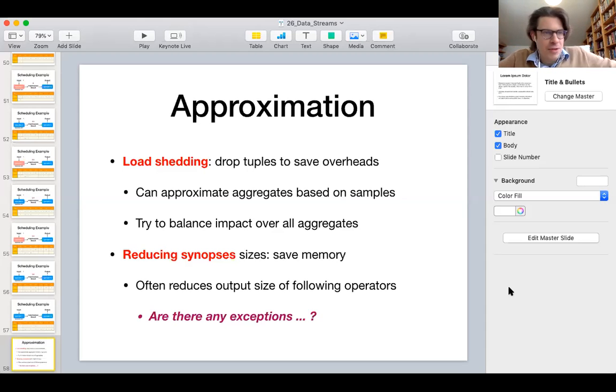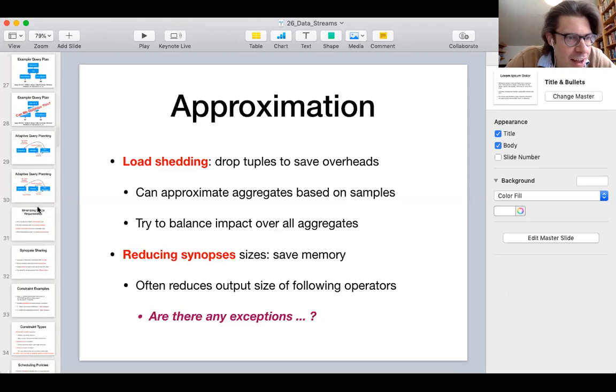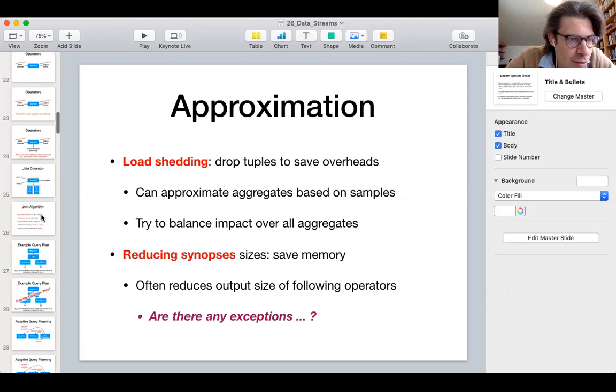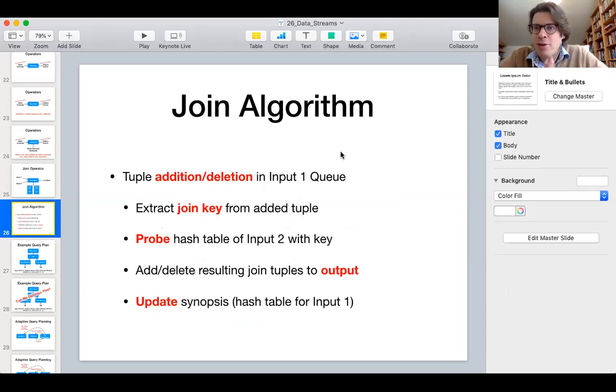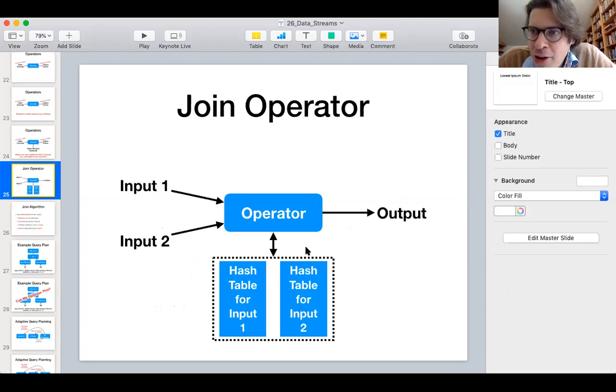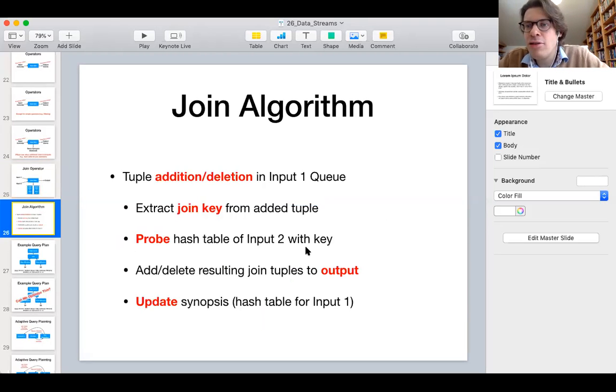Okay, awesome. Maybe I anyway show quickly again the join operator that we have quickly discussed the last time. So this is the join algorithm here. This is the graphical representation of the join algorithm. You see that here on the bottom of the slide, we have a synopsis, which essentially corresponds to hash tables for the two inputs using the join column as hash key. So here we assume a join with an equality join condition, and the algorithm works as it is described here.